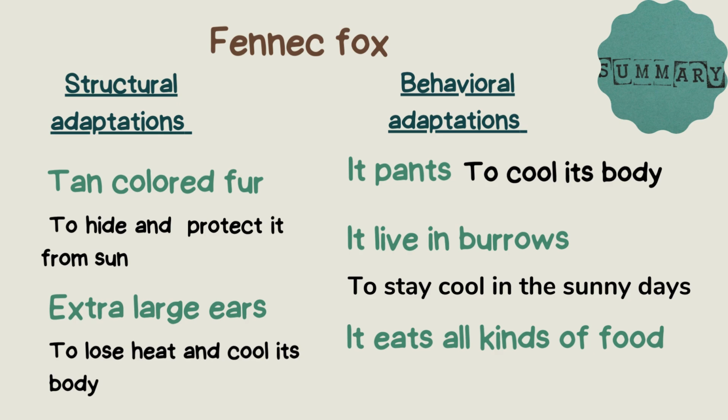And the behavioral adaptation, we have three things. It pants like a dog to cool its body. It lives in burrows to stay cool in the sunny days, and it eats all kind of food. As the fennec fox lives in the desert, a very hot climate, most of the adaptations are for what? Yes, to keep its body cool.